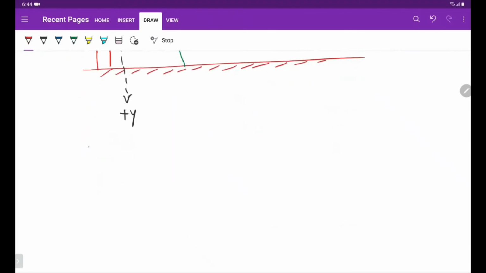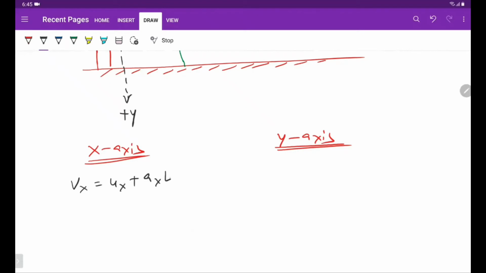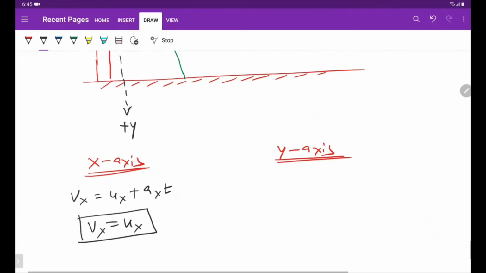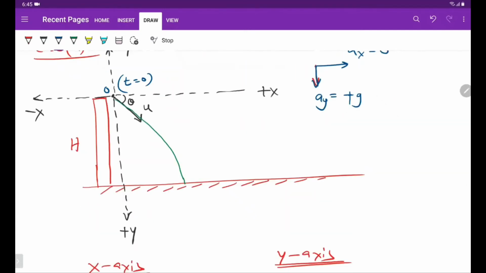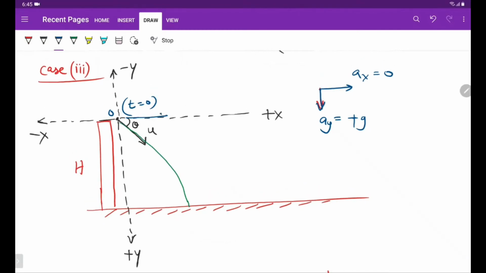Now along the x-axis and y-axis, apply all kinematic equations once again. V is equal to U plus AT. Here ax is 0, so Vx is equal to Ux. The x component is U cos theta, and the downward component is U sin theta.